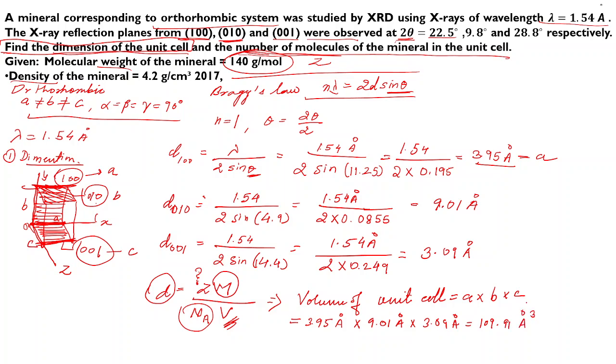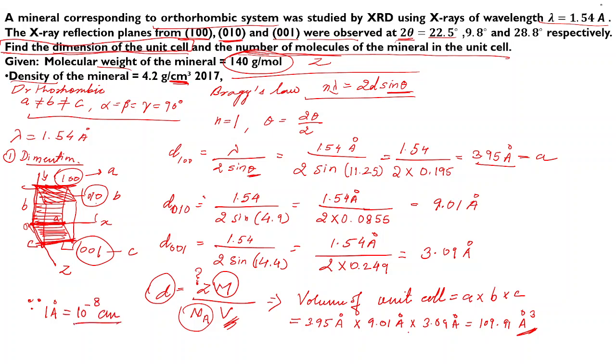angstrom cube. But here you have to see that density is given in centimeter, so first of all we need to convert this angstrom into centimeter, and we already know that 1 angstrom is equal to 10 to the power minus 8 centimeter.